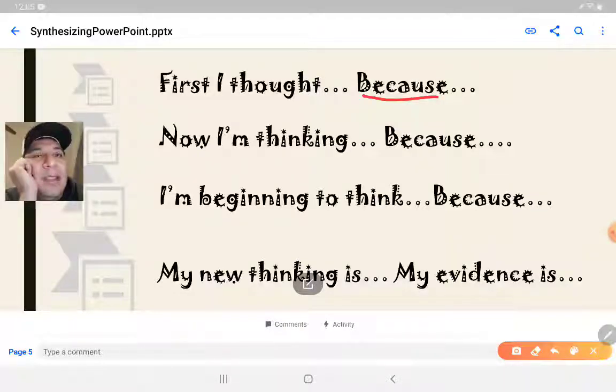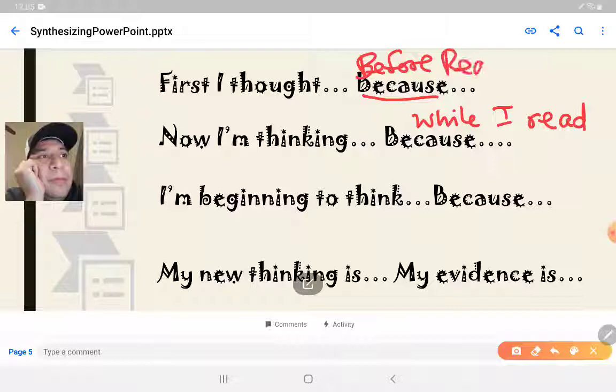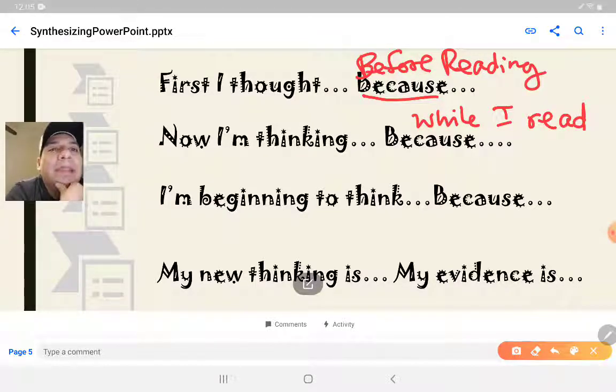That they can help the environment. But this is while I'm reading. This is before my reading.